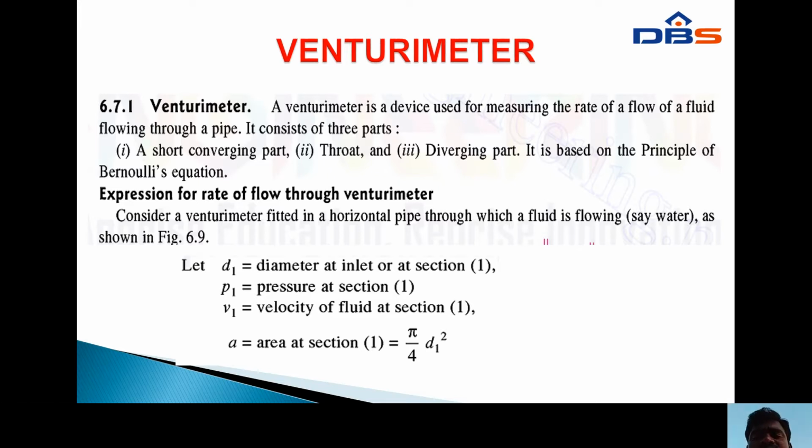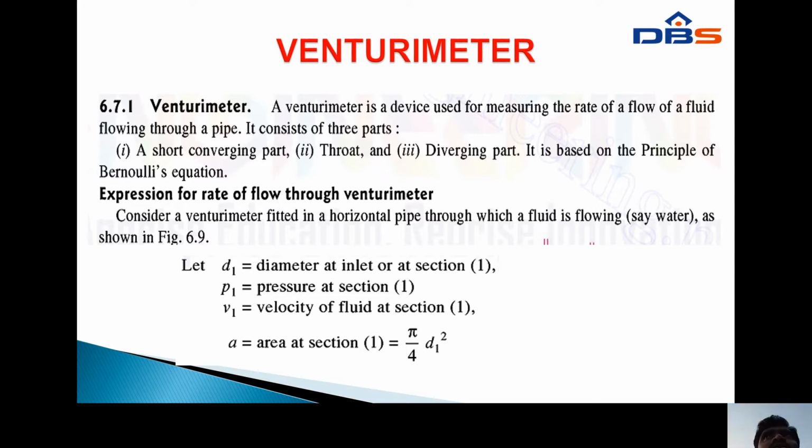It is based on the principle of Bernoulli's equation. The derivation of Bernoulli's equation was explained in video number 1. P by rho g plus v square by 2g plus z equals constant.